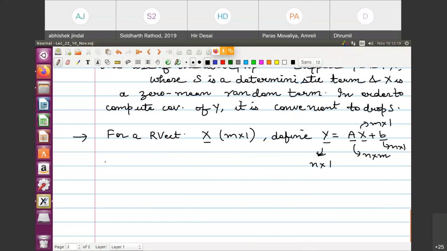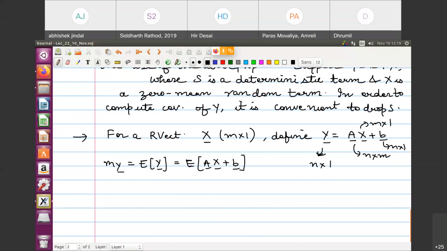So what will be the mean m of y? This will be simply the expectation of y. This is equal to the expectation of Ax + b. We must remember that A and b are deterministic, they are not random. Right now we are assuming that A and b are known to us.